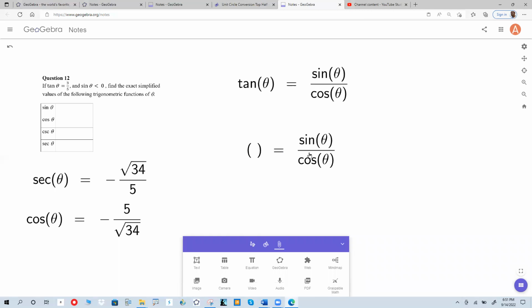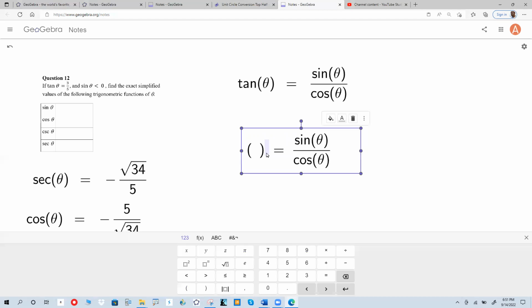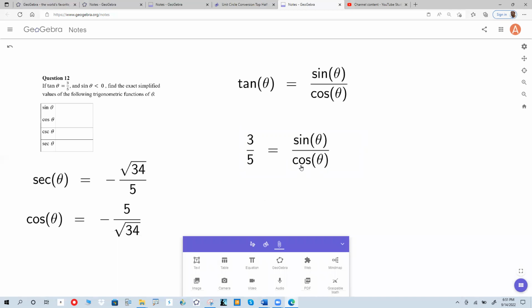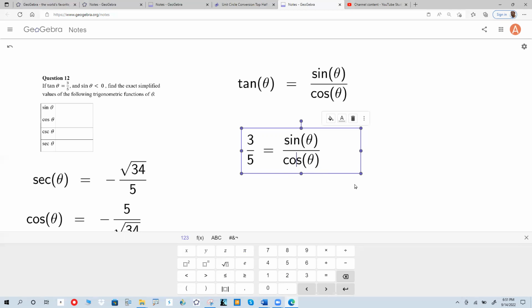It's given. And cosine theta, I calculated 2 seconds ago. It's negative 5 over square root of 34.